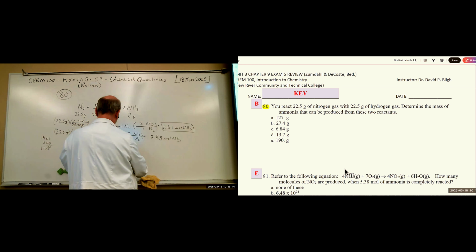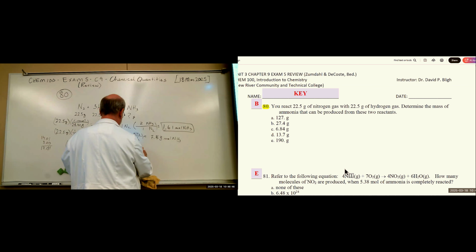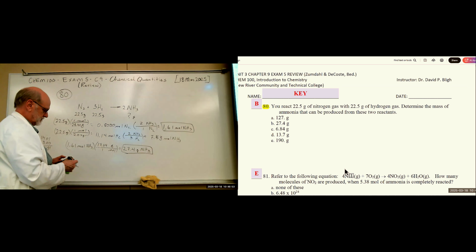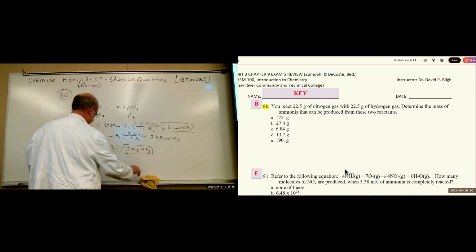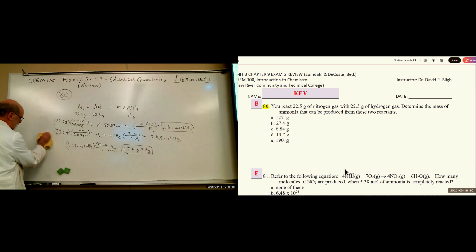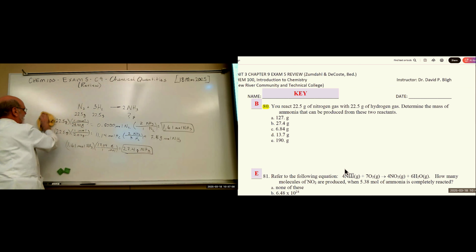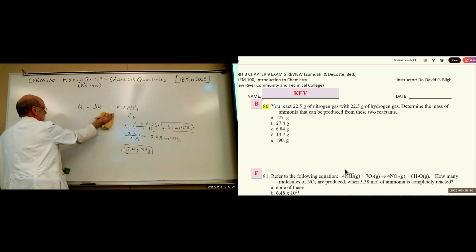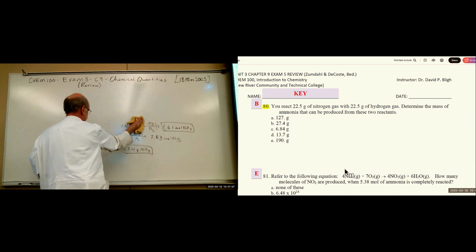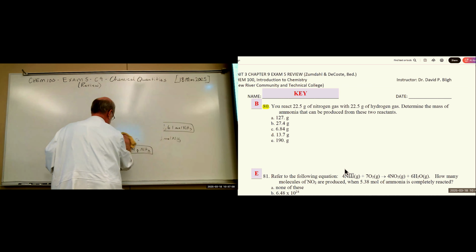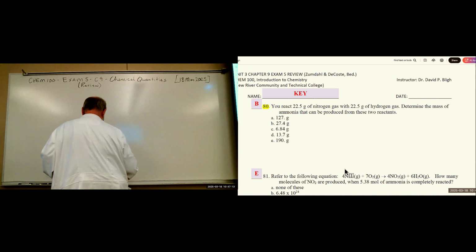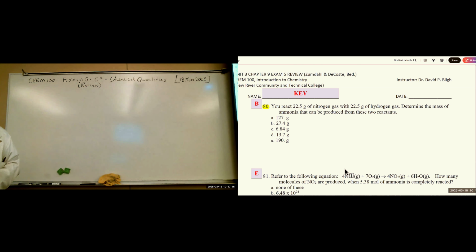I get 27.4 grams of ammonia. Yeah, it would be B. Right.